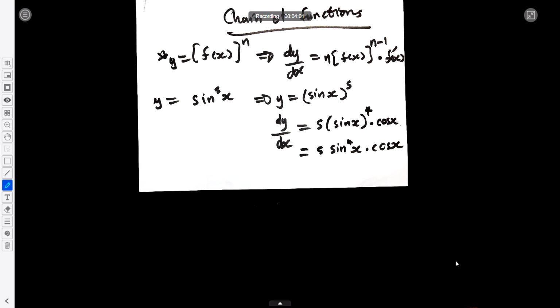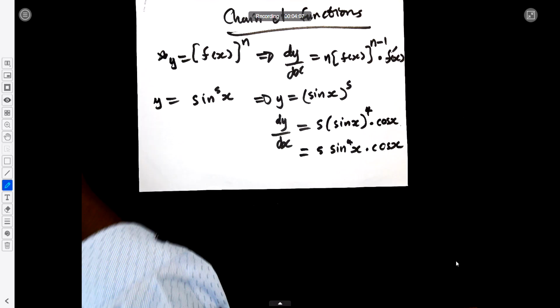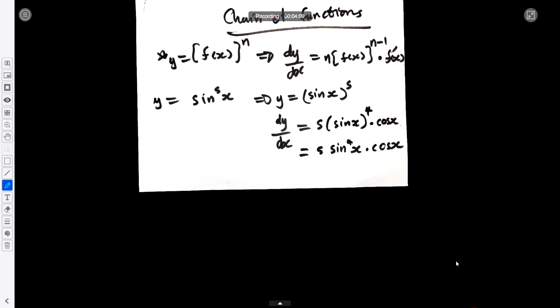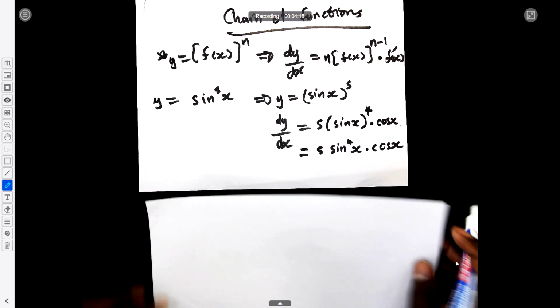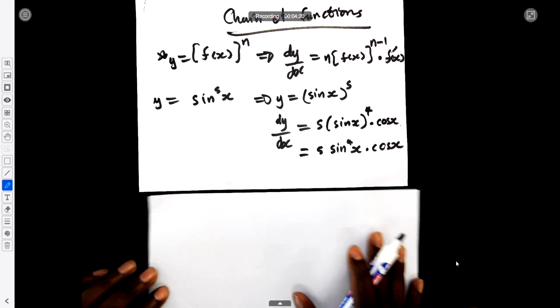You can have sin x and cos x, which will be sine 2x over 2. But the more you solve, you'll see. But let's dig into chains of functions.